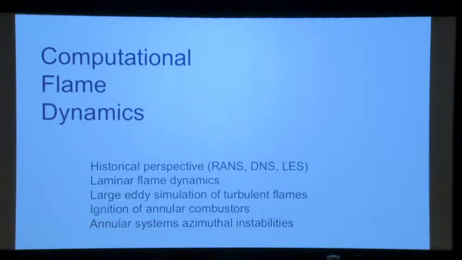So laminar flame dynamics, we've seen already a few examples. Large eddy simulation of turbulent flames, this is what we need. We've done some ignition. There is a whole chapter on ignition that I will also detail, and azimuthal instabilities in other systems. So I call that computational flame dynamics.